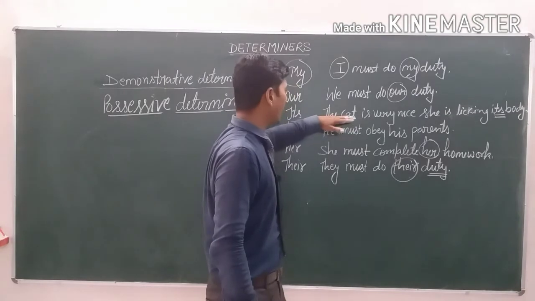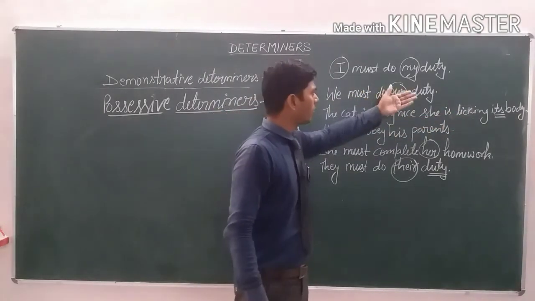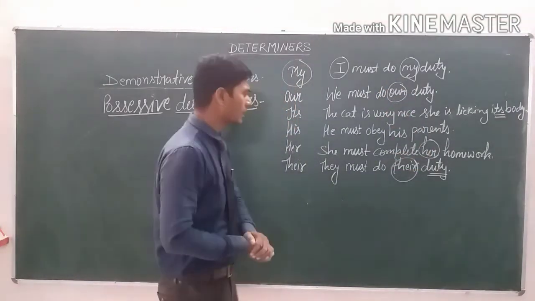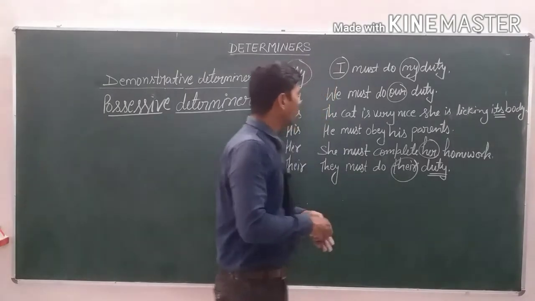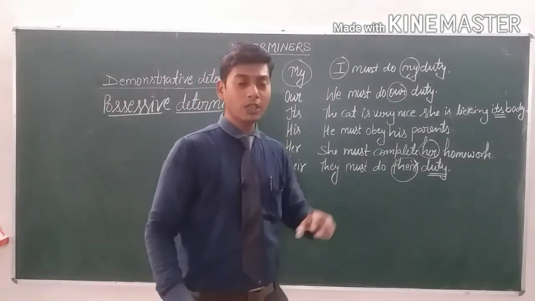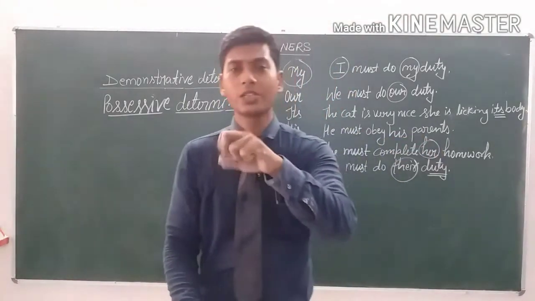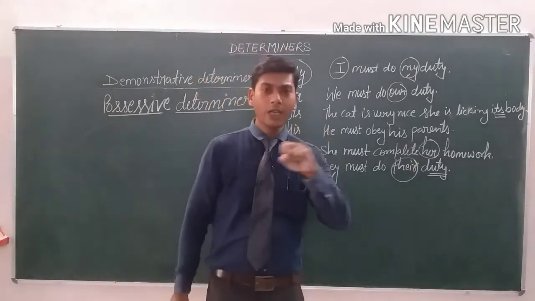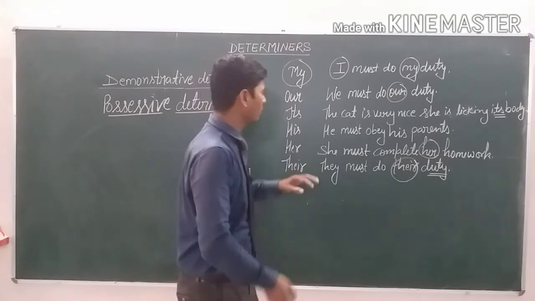Next thing is that the cat, I explained it just before. We must do our duty. I also explained these sentences so that we can analyze the form, the function, and the structure of the nominative case and possessive case, subjective case and possessive case. I am going to note down, you can also note down this.